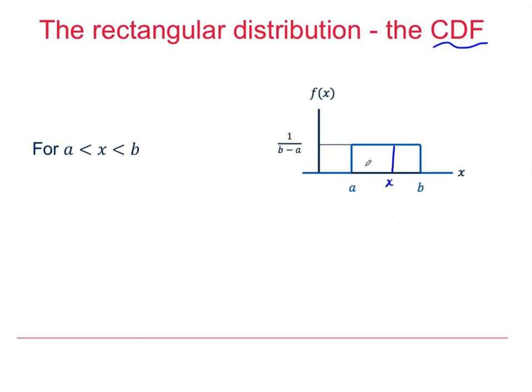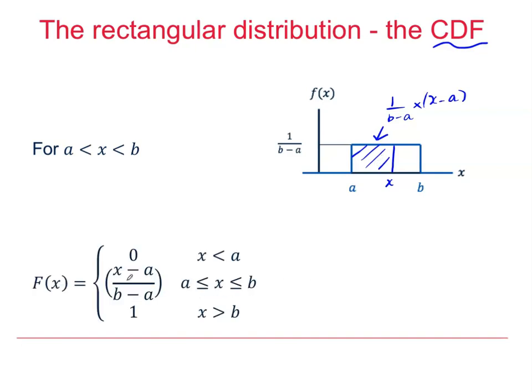So we can see that the area of that rectangle is going to be the height times the width, and the width there is x minus a. So that's the area of that rectangle there, and that is going to represent the cumulative distribution function. It's going to represent the cumulative probability.